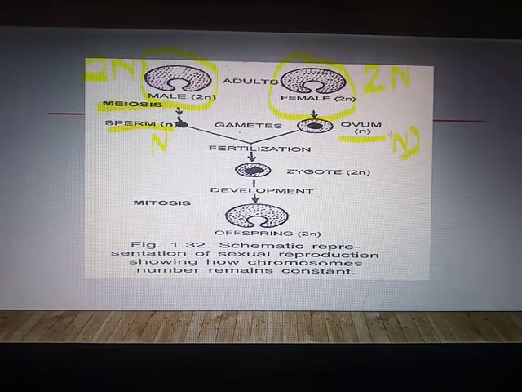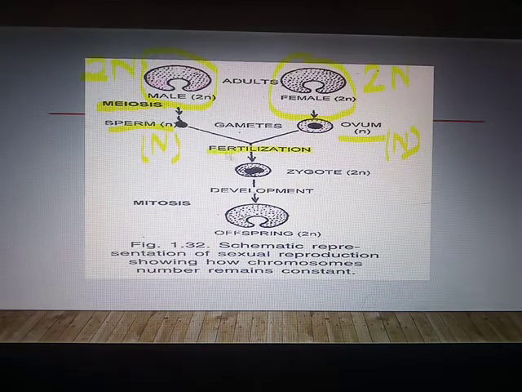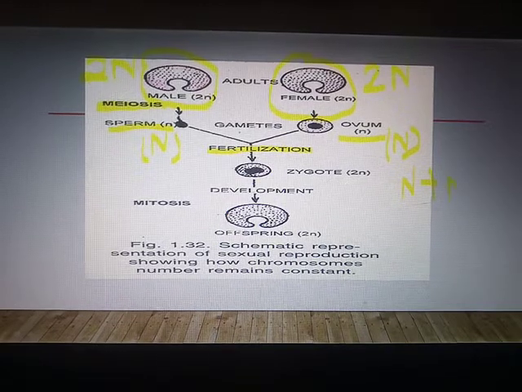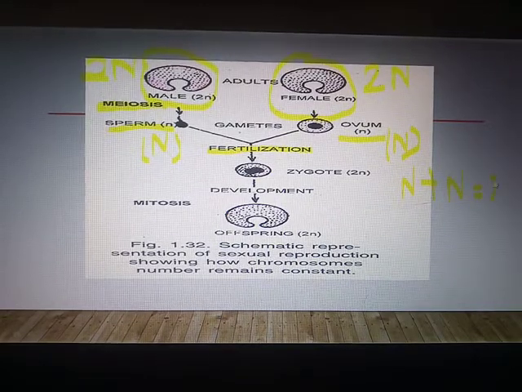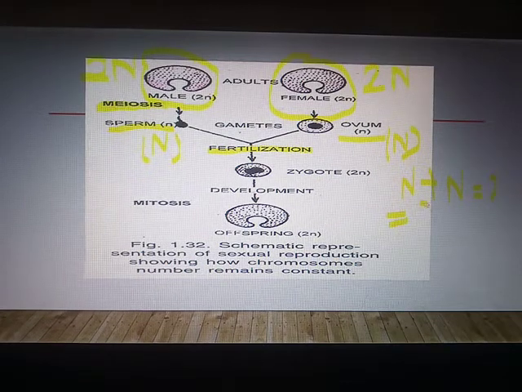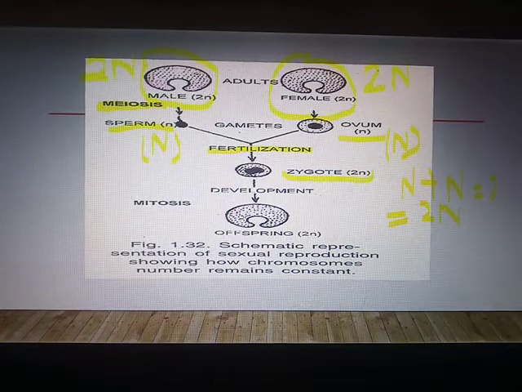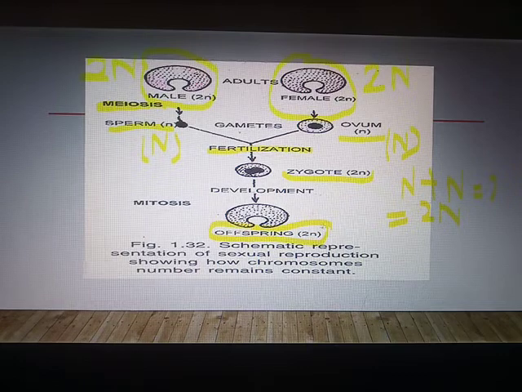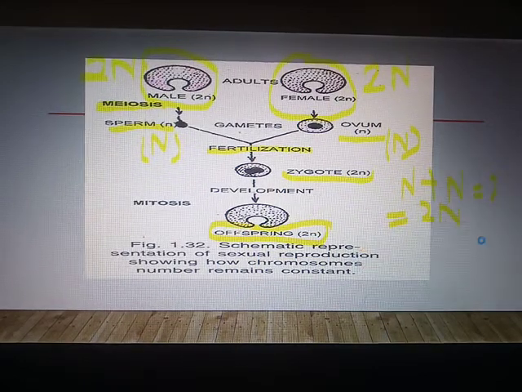Number of chromosomes reduced to half. Clear? So when fertilization occurs, these chromosomes are again added and form diploid zygote, that is 2n. Hence, the new offspring formed is diploid. Clear? It is very easy. I hope you all understand.